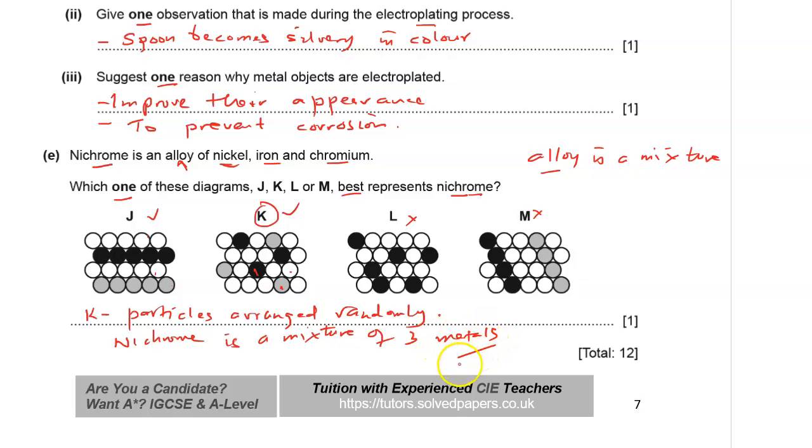So those are the keys to identify which one of the diagrams, J, K, L, or M, represents nichrome. There you go, guys.